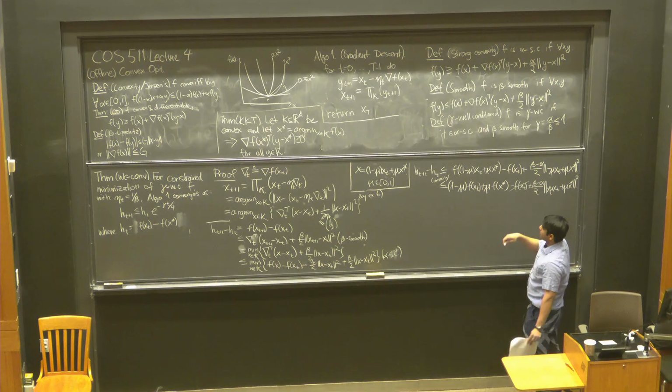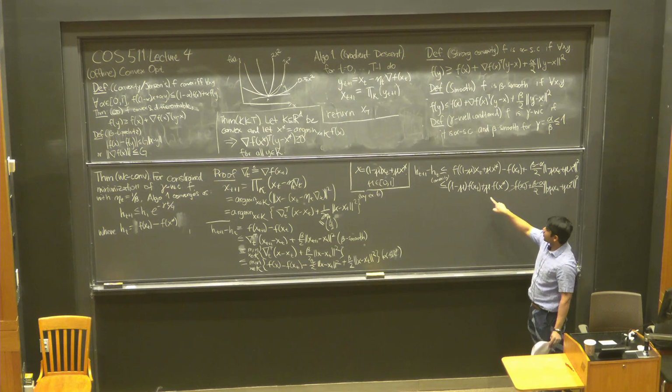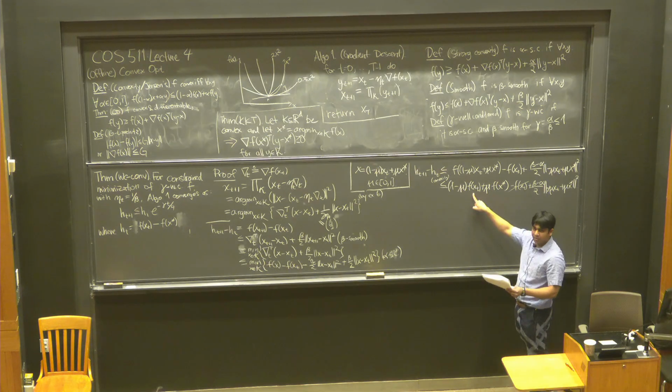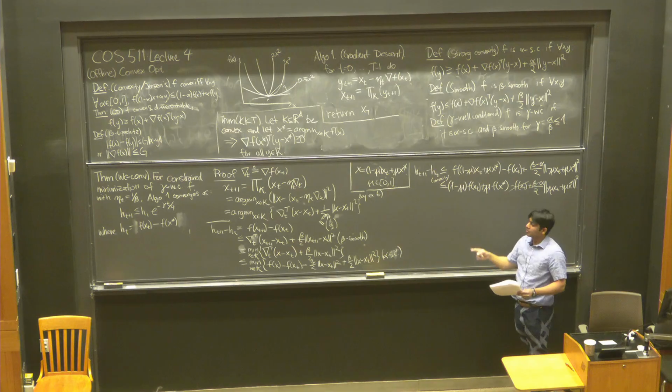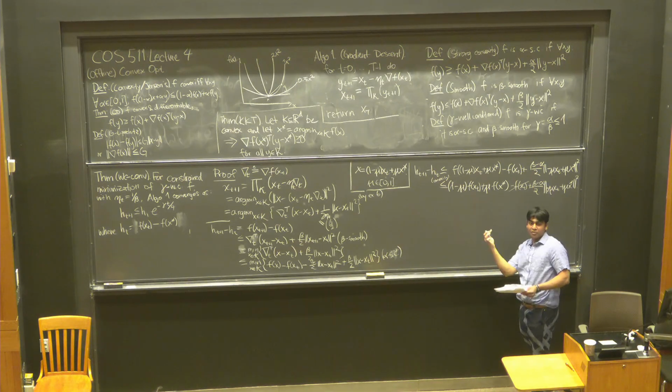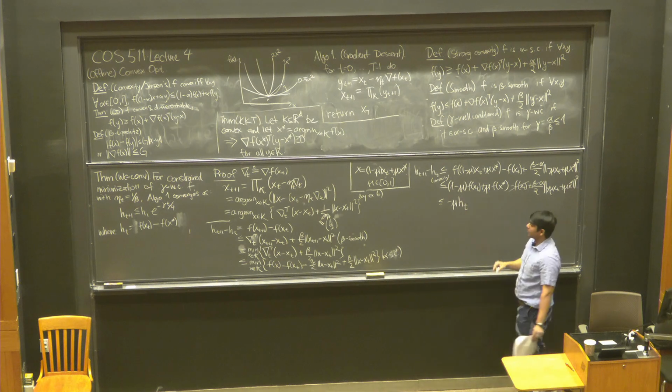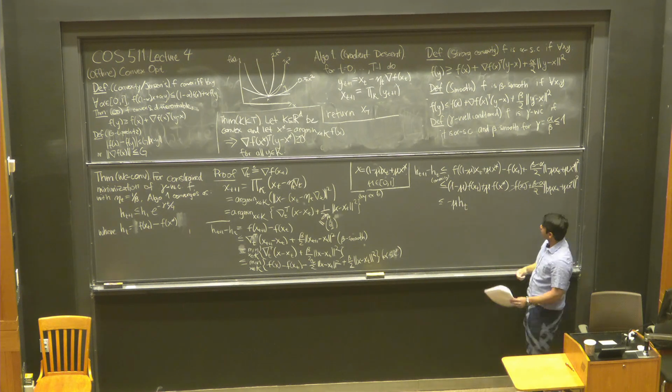And now notice the following. What do you have left? You have mu times f of x star minus f of xt. So that's negative h, right? By the definition of h, that's negative h. The difference between optimal and what we have.